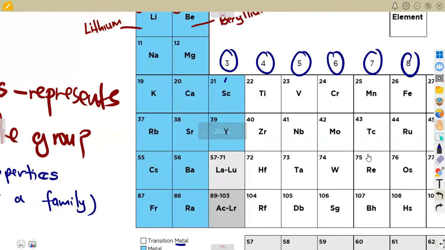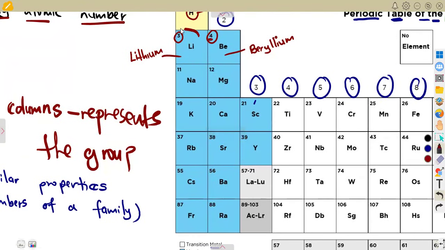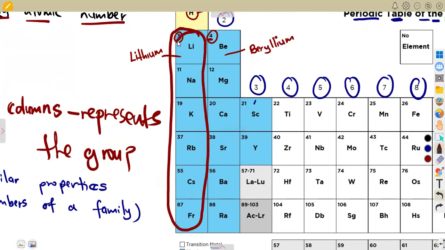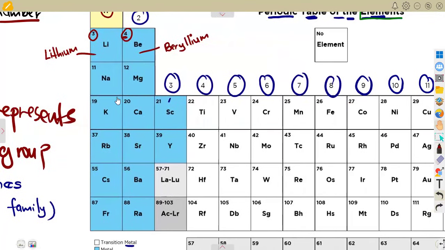If you classify from this part, these ones have got a special name, which is the alkali metals. Then here we also have the alkaline earth metals. For your grade 8, this is not important for me to explain. What you need to know is just that these are metals.